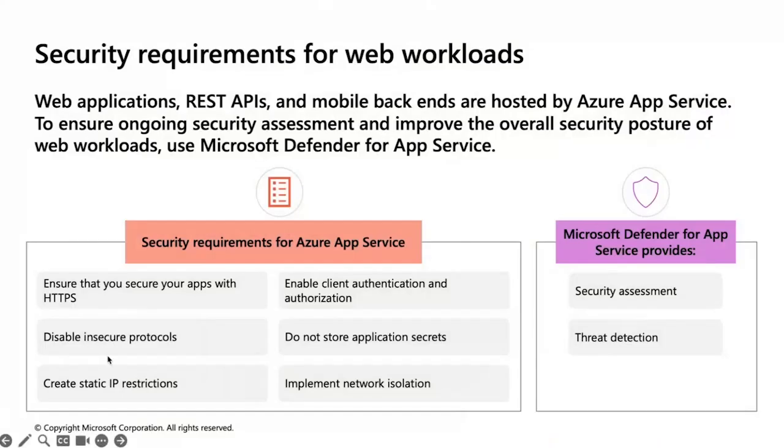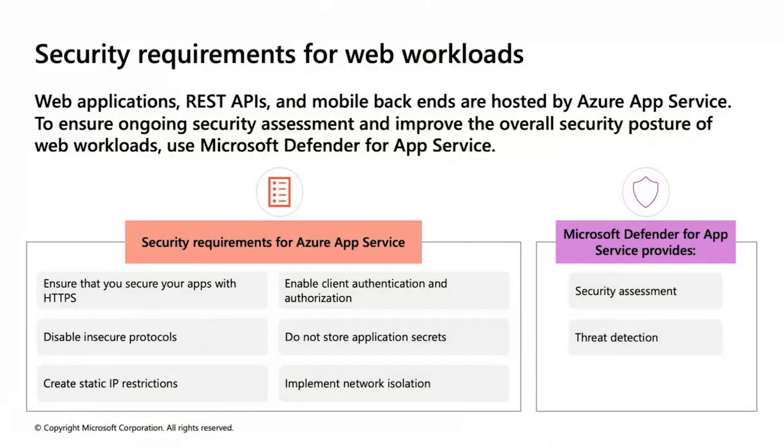You can consider disabling insecure protocols. HTTP is a kind of insecure protocol. Disable it. Create static IP restrictions. You can consider restricting static IPs, because a static IP may come under social engineering or tracking. This would be a kind of fixed entry.